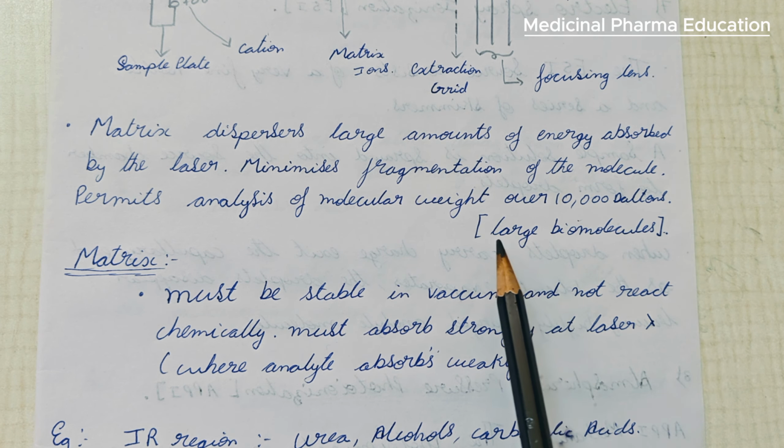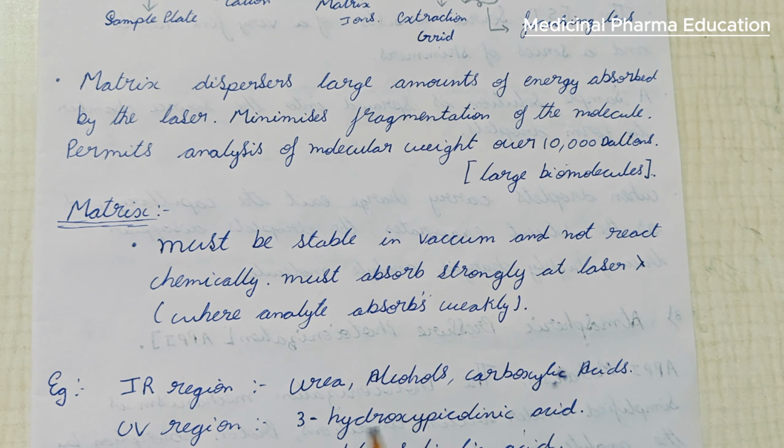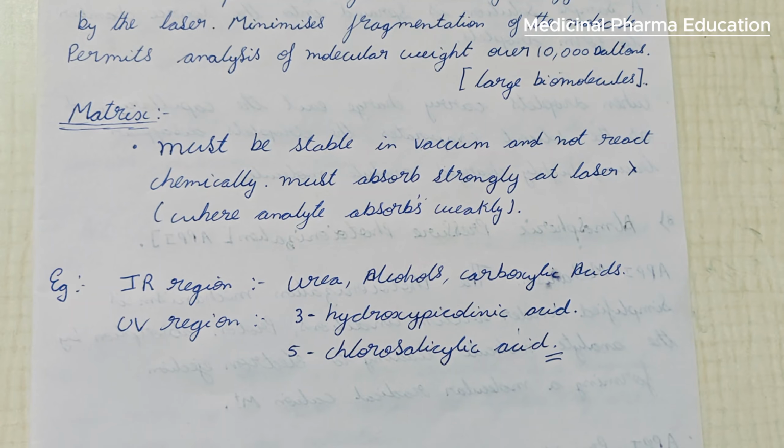If the molecular weight is over 10,000, larger biomolecules can also be analyzed. The matrix must be stable in vacuum and not react chemically. It must absorb strongly at the laser wavelength, and make the analyte absorb it too. For the IR region, we use urea, alcohol or carboxylic acid.